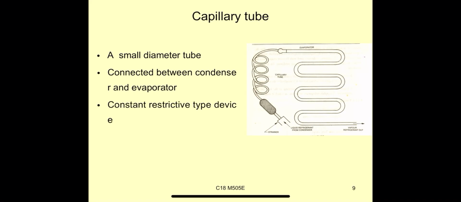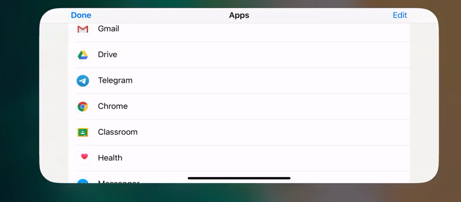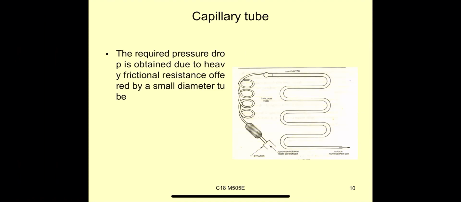See here, a small diameter tube is connected between the condenser and evaporator. This is a constant restriction type device, merely a tube with narrow area of flow. The required pressure drop is obtained due to the frictional resistance offered by the small diameter tube.